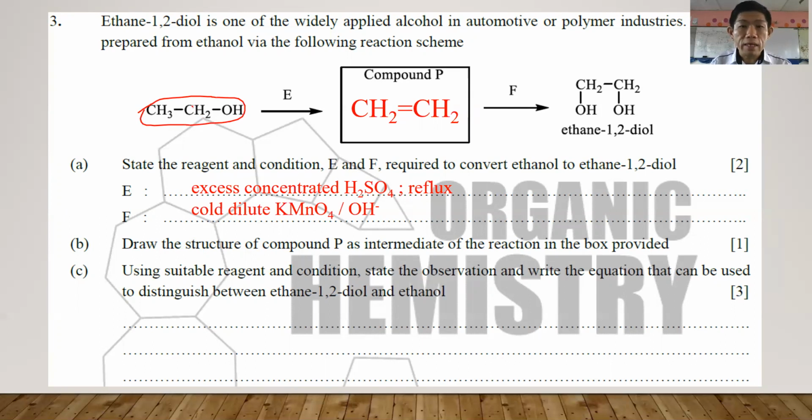Every time you want to state a chemical test, we usually recommend students to write 3 very important things: the reagent conditions, followed by the observation, and finally the equation. So in here you can use alkaline iodine solution under reflux. I also state that it is under reflux.